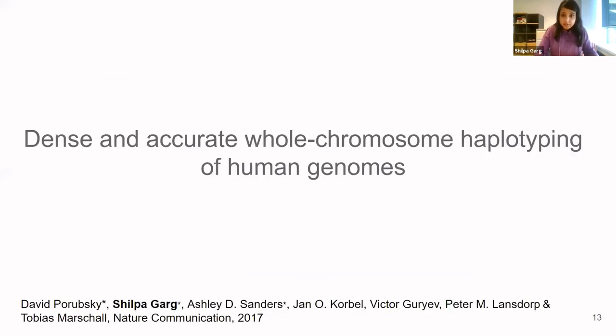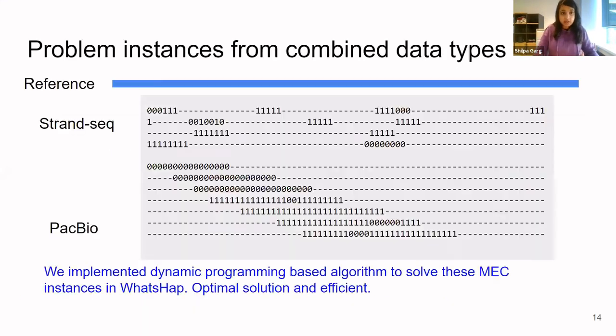So next, the first question I asked was, how can we get dense and accurate whole chromosome haplotypes of human genomes? And to answer that question, I considered two latest data sets from two latest technologies. One is StrandSeq, which is actually a single cell technology, but the beauty is it can give information of haplotypes on the whole chromosome.